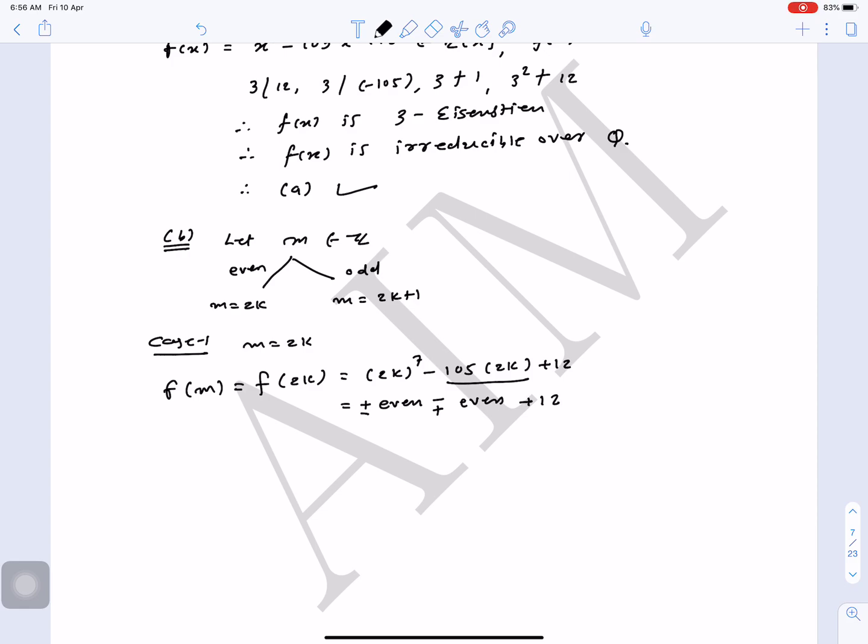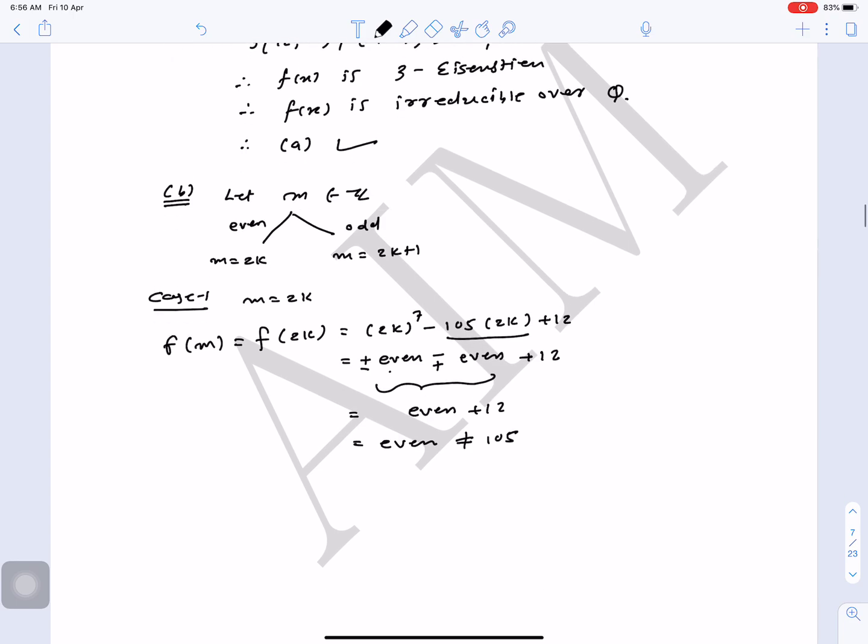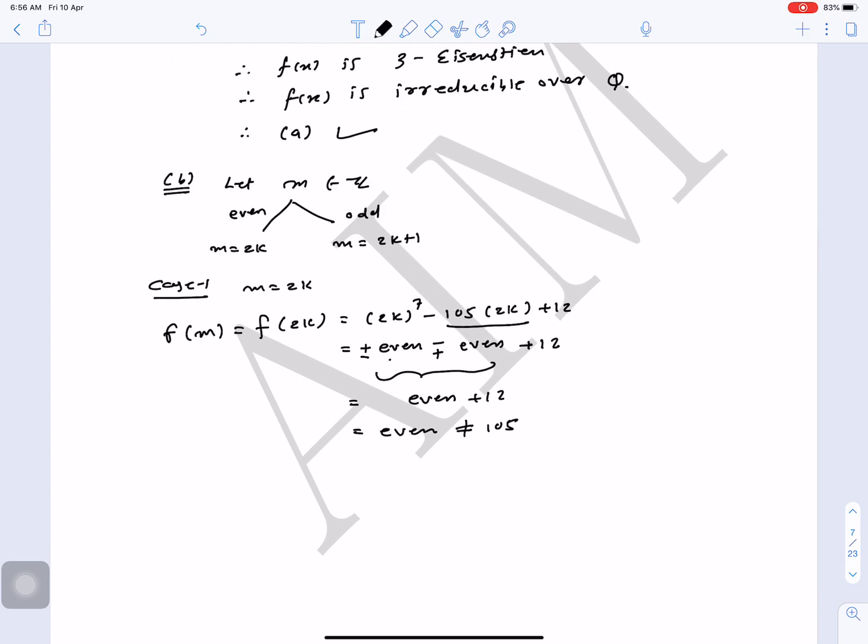So even minus even, or minus even plus even, is again an even quantity, and this is 12. So finally it is an even number. So an even number is not equal to 105. So f of m is not 105 if m is of the form 2k.